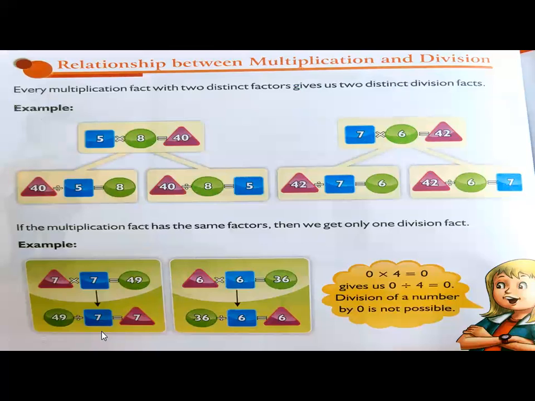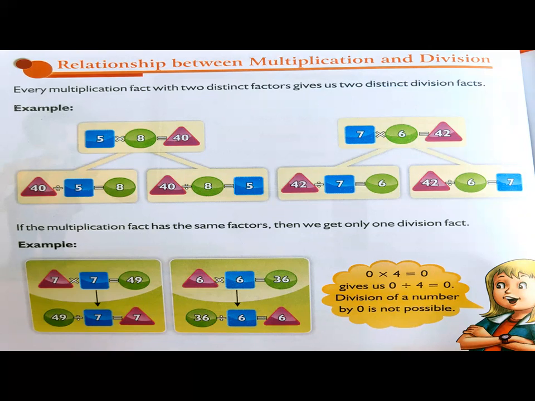Next, we are going to discuss the relationship between multiplication and division. Every multiplication fact with two distinct factors gives us two distinct division facts. Look at the example. 5 multiplied by 8 is 40.